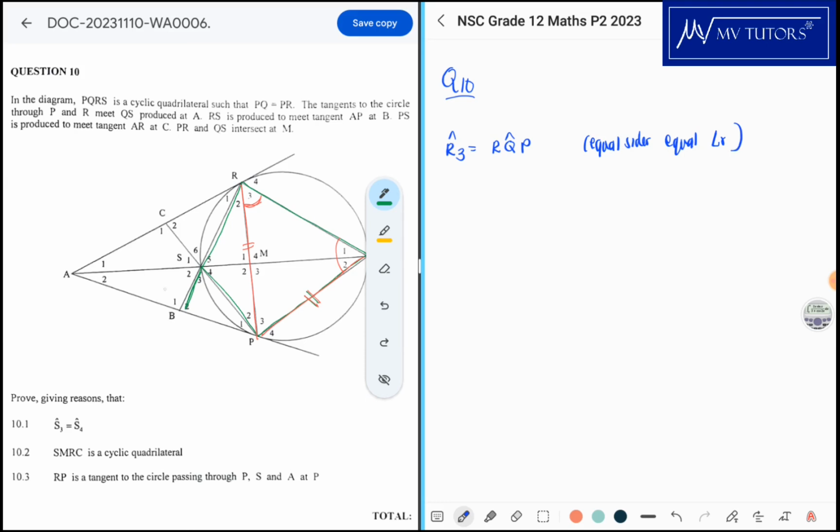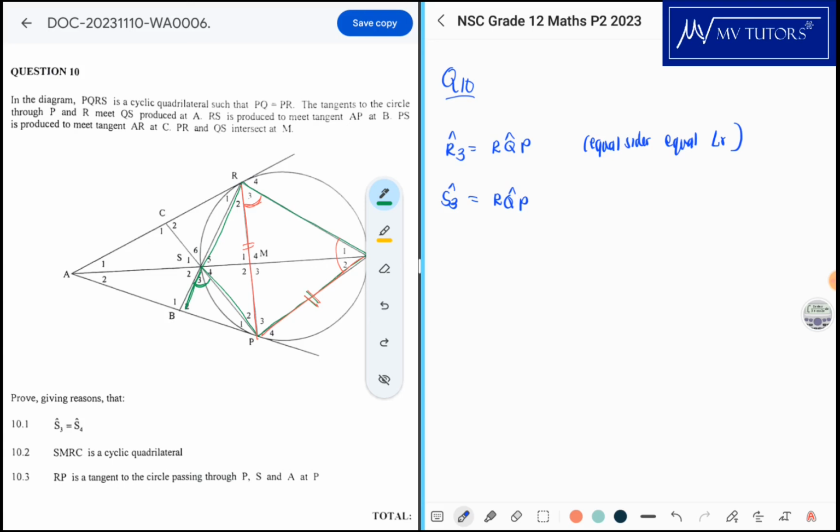And now I see that S3 actually is equal. This is me: when I do Euclidean, as I read the questions, I just want to make sure I'm writing down what I can see so that when it's time to answer questions, it becomes easy. So just bear with me. S3, as an external angle in a cyclic quad, I can see that it is equal to RQP.